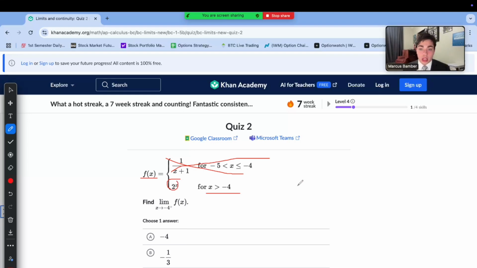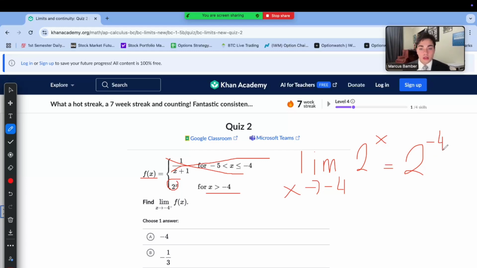So our strategy here, since we don't have any discontinuities that we have to solve out, we can just directly substitute -4 in for x and solve for the limit. So how this would look, we would find the limit of 2 to the power of x as x approaches -4, and this is equal to 2 to the power of -4.